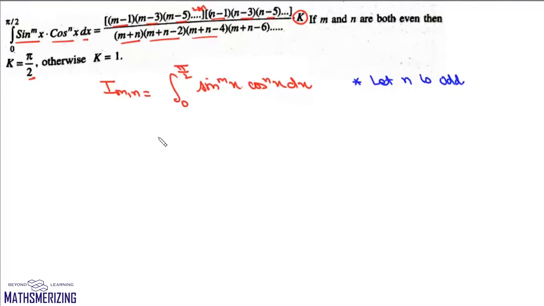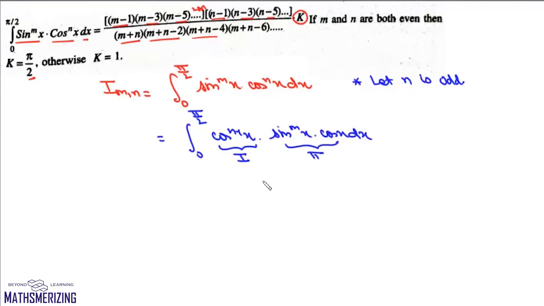Now what we'll do is we'll write this as this integral from 0 to pi by 2 cos to the power n minus 1 x into sine to the power m x into cos x dx, where we are going to take this function as first function and this other function as second function.